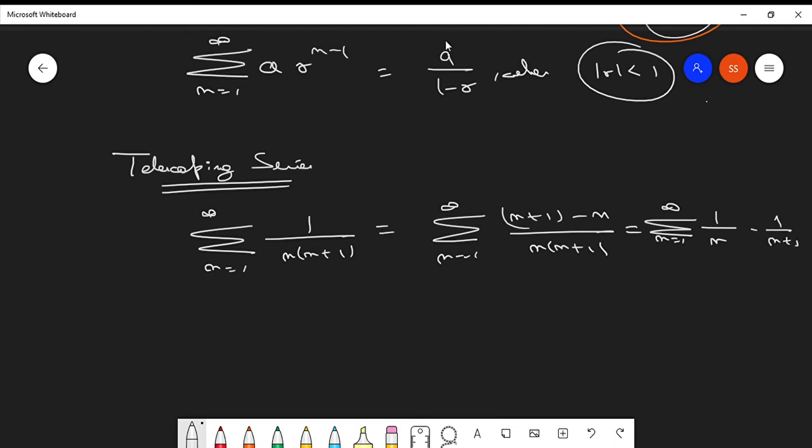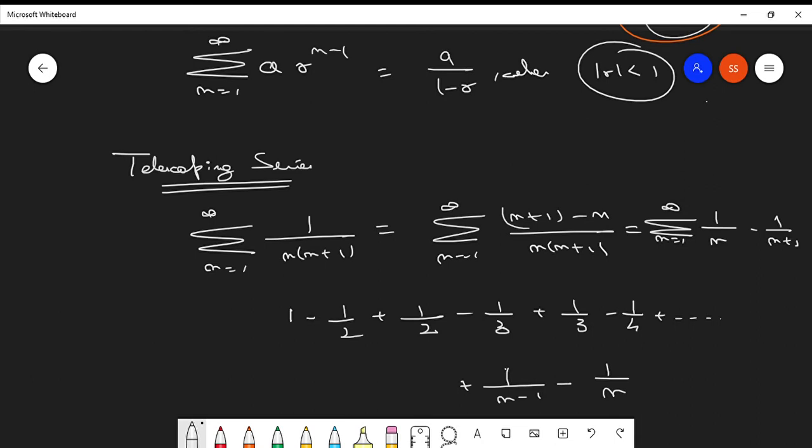Now expand this using the values of n. So 1 minus 1 by 2 plus 1 by 2 minus 1 by 3 plus 1 by 3 minus 1 by 4, and so on, till you get plus 1 by n minus 1 minus 1 by n.